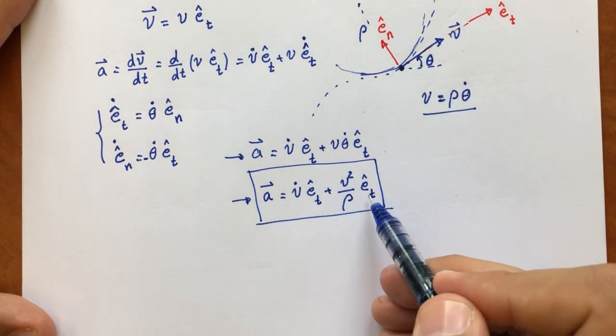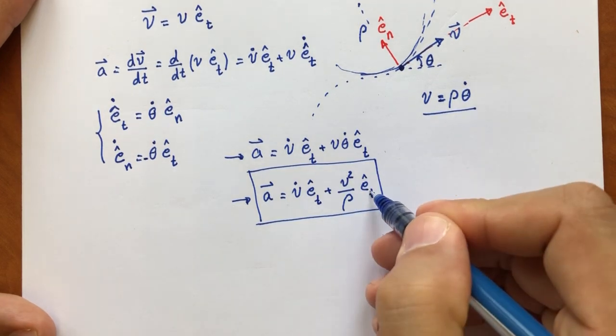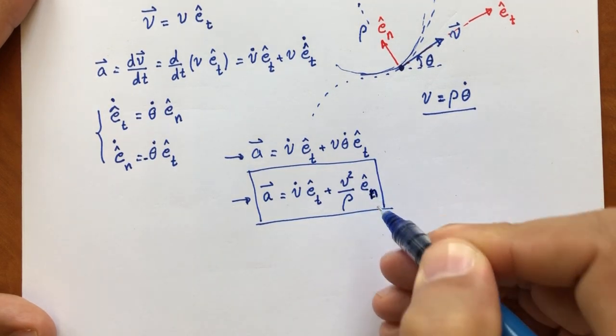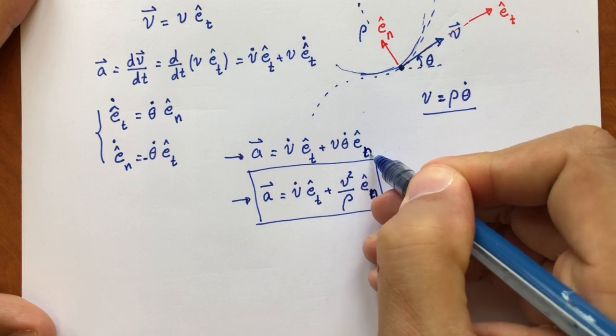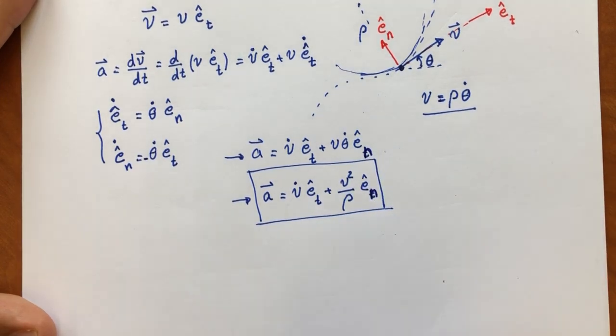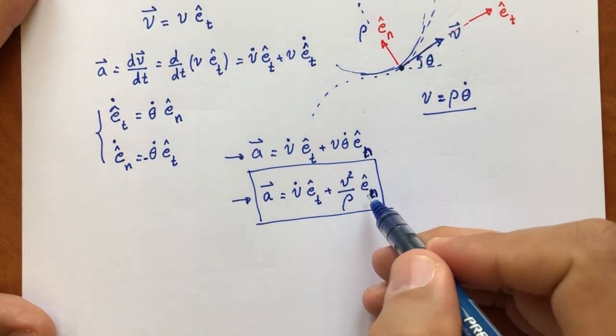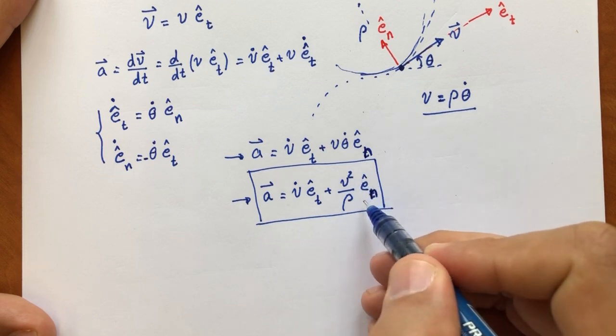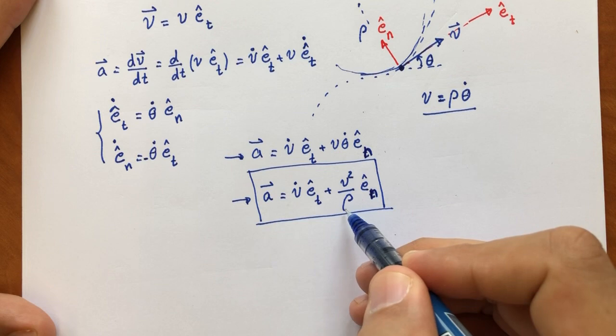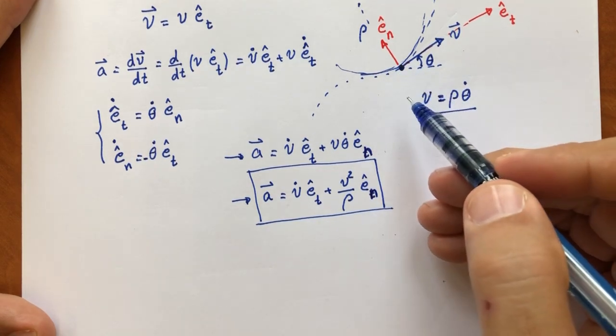The other component of the acceleration is in the normal direction. Oh, I made a mistake here. So this is en. The other component of the acceleration is just in the normal direction, and the magnitude of it is velocity squared divided by the radius of curvature.